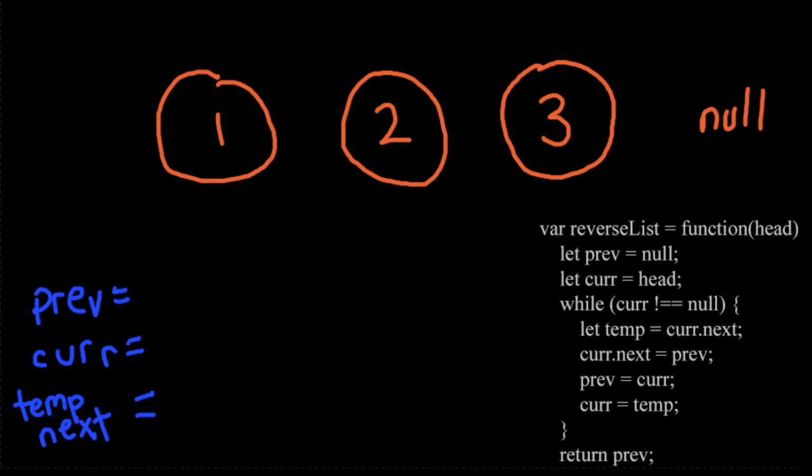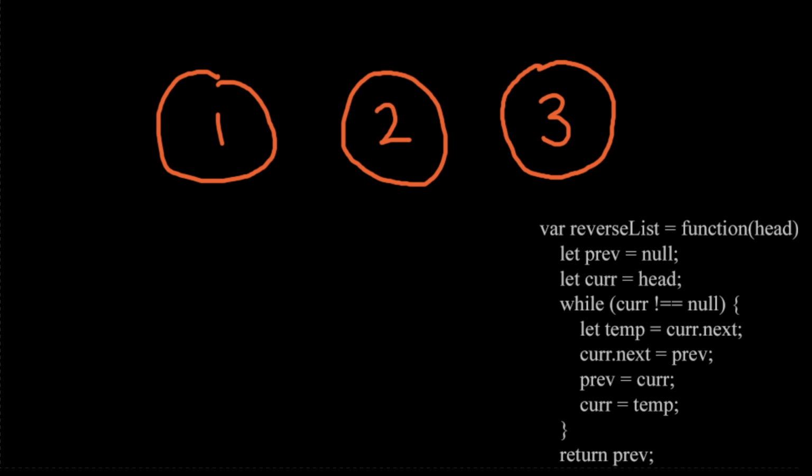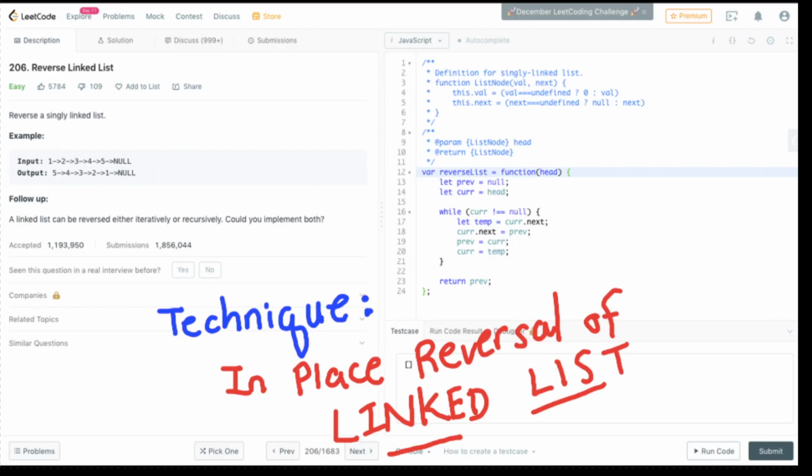So once again, this is Leetcode 206, reverse linked list, and the technique is in-place reversal of a linked list.